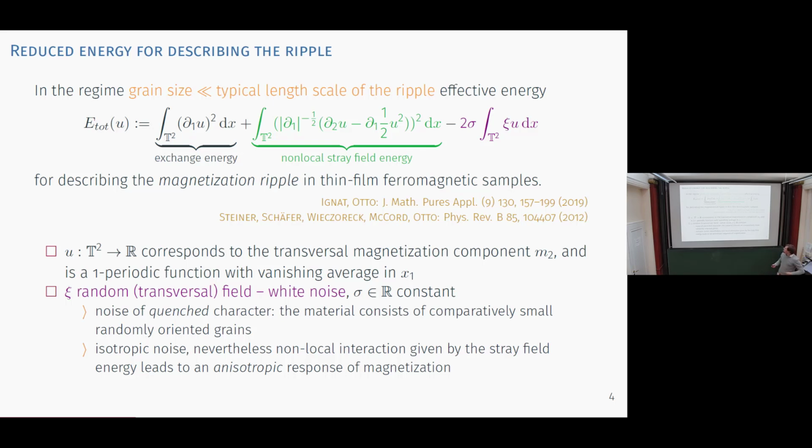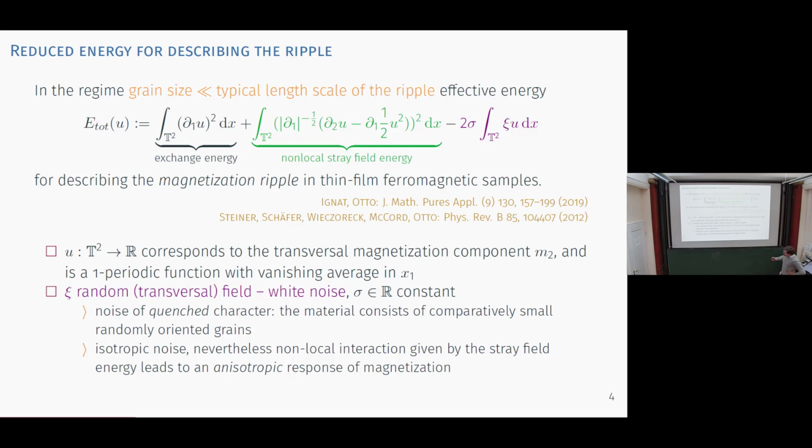If you zoom out, that leads to an isotropic random field, which nevertheless, due to the non-local interaction given by the stray field, leads to an anisotropic response of the magnetization.